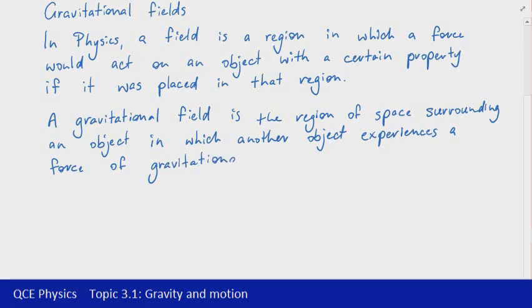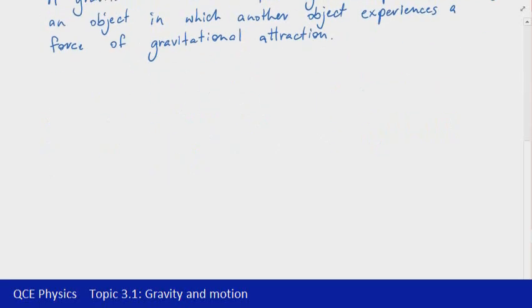What we can do with that is unpack it a little bit more to make sense of the underlying meaning. In other words, what we're really saying is that the gravitational field describes the force that would act, and not just the force but the magnitude and direction of the force.